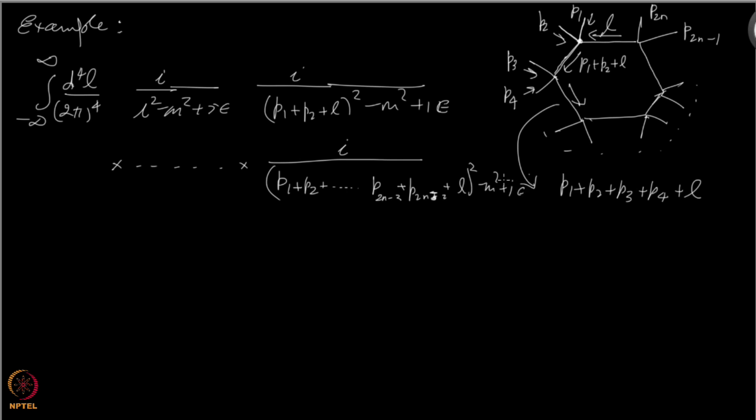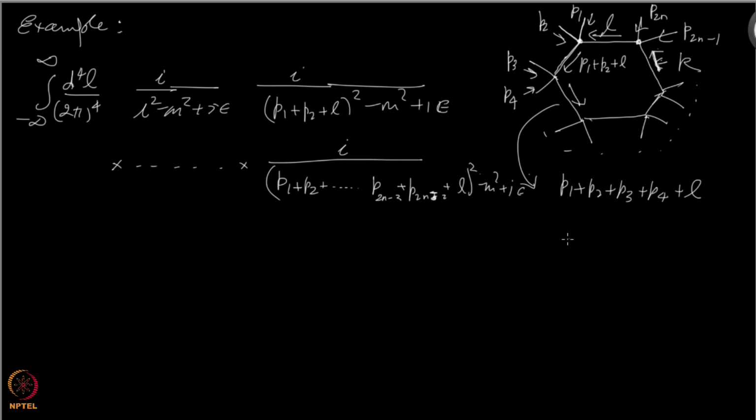And of course, you can use momentum conservation at this vertex to write this piece as involving the momenta of these two. Let me call this one k for a moment.